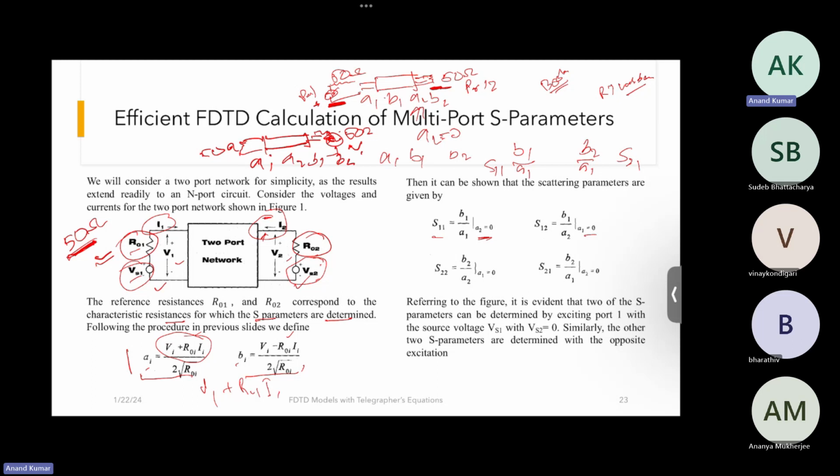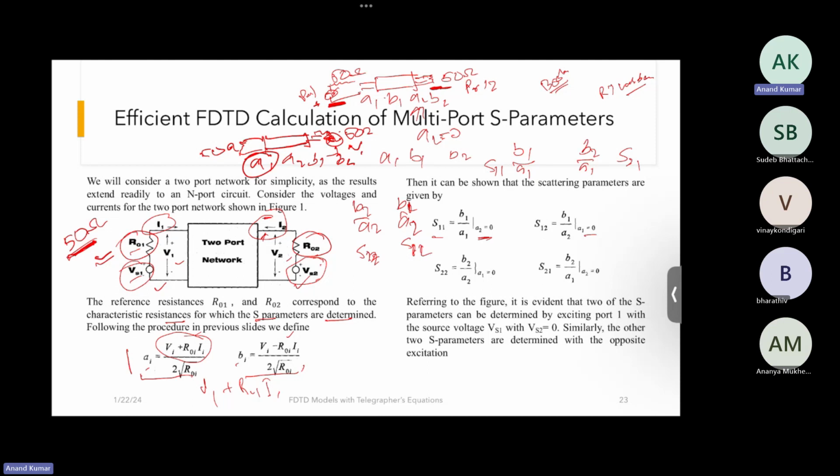This time A1 becomes 0, and we can take the ratios B2 by A2 and B1 by A2, which gives you S22 and S12.